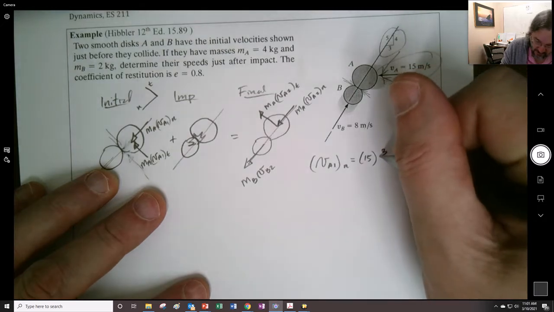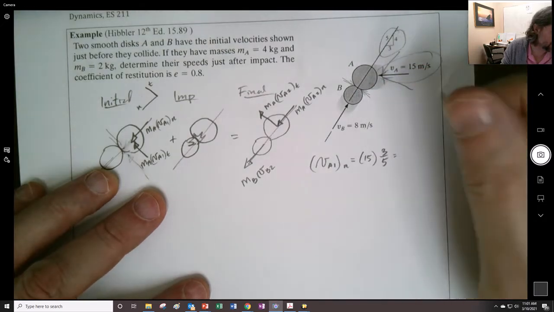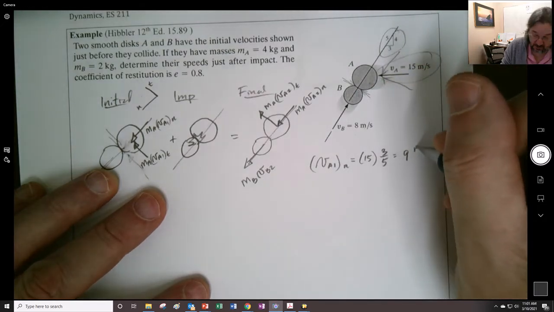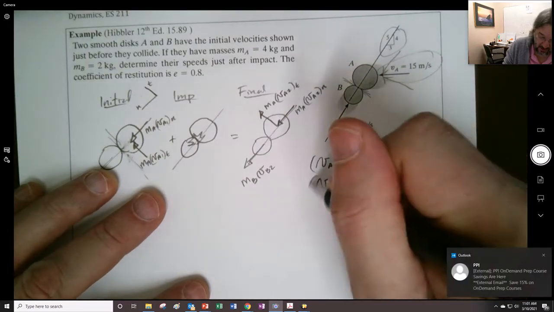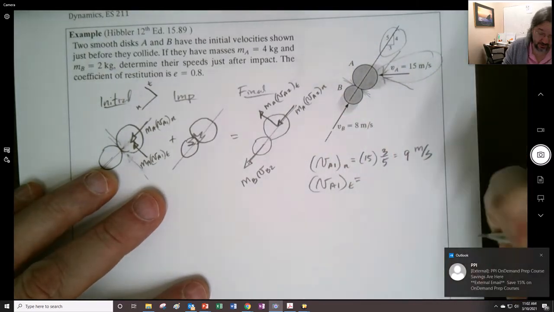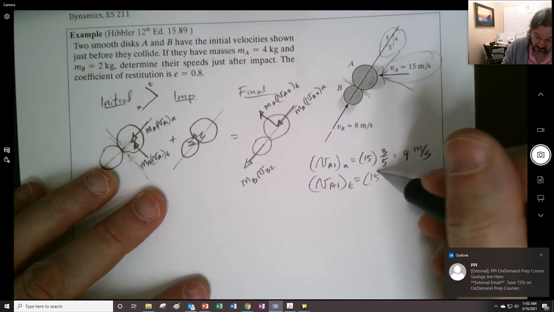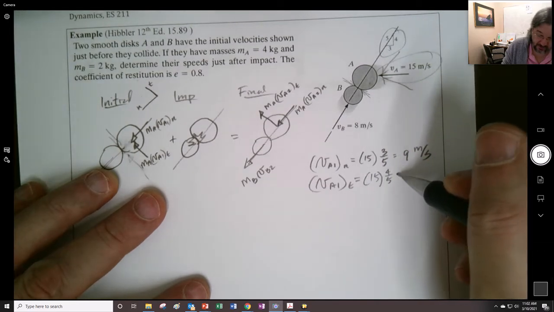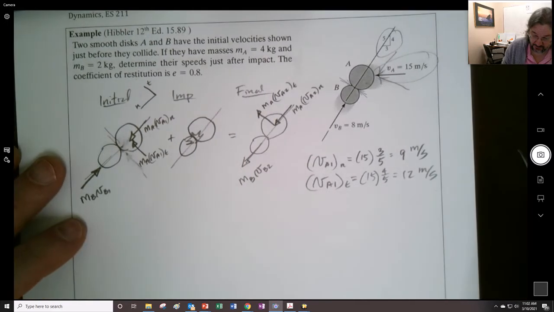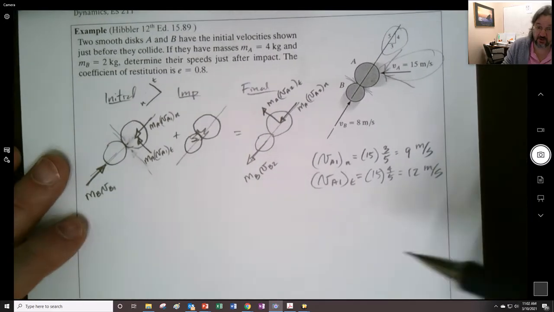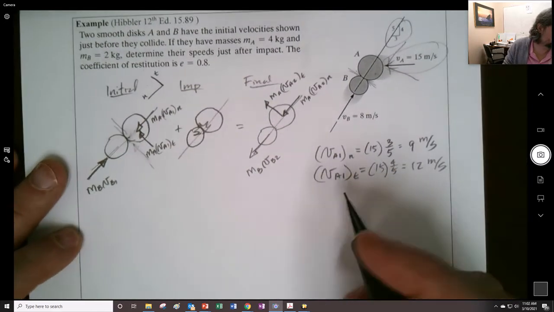Should I use the 3 or the 4? Well, use the 3 this time. I worked it out. You can too. And then the VA1 tangential right here is just the 15 times the 4/5, or 12 meters per second right there. Okay. And you can mess around with the triangle and figure that out too.